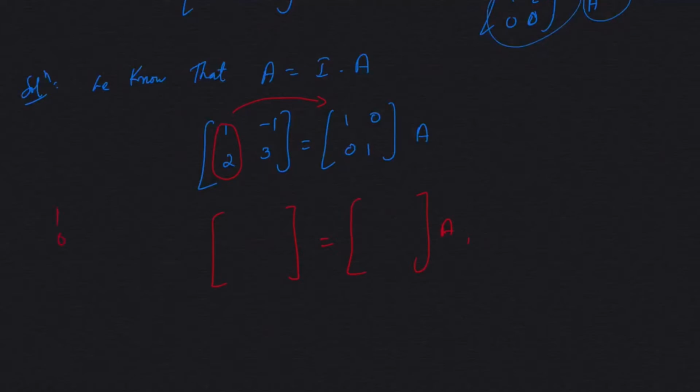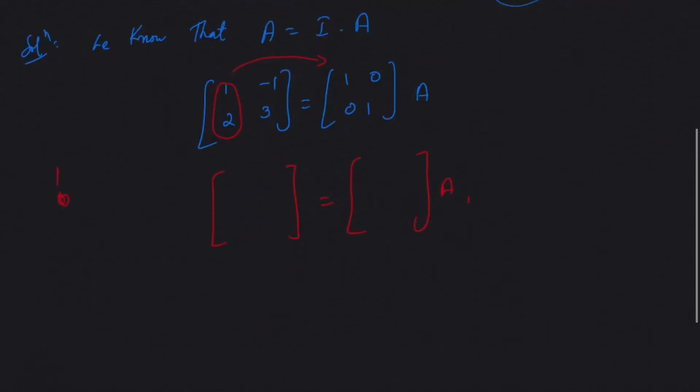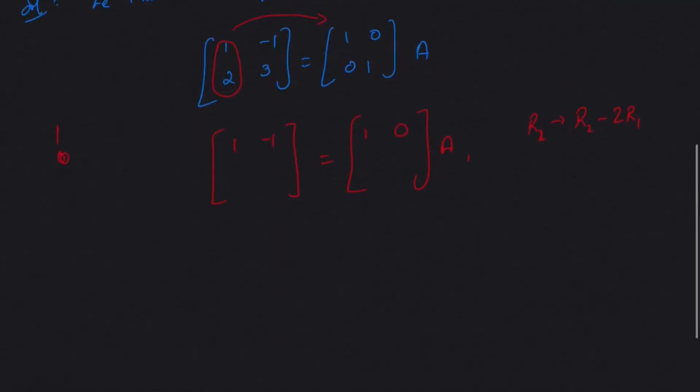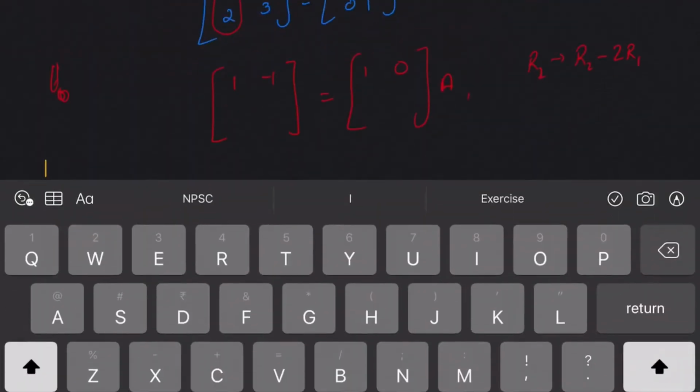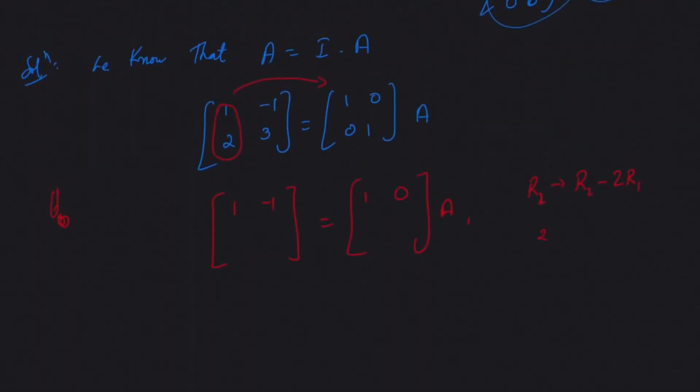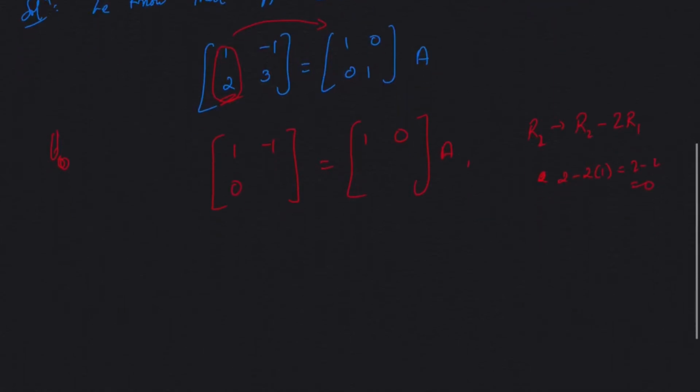That means I'll try to get 1 0. So see, R1 I will leave as it is, and R2 I can write as R2 minus 2 times R1. So for R2: 2 minus 2 times 1, 2 minus 2, 0.